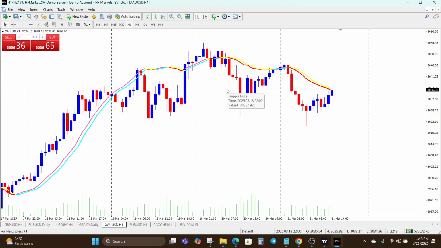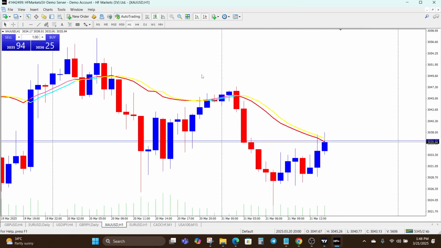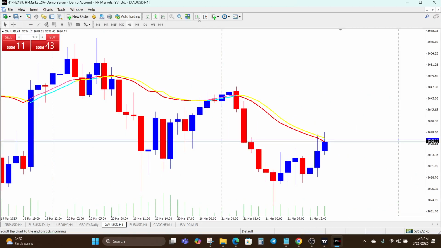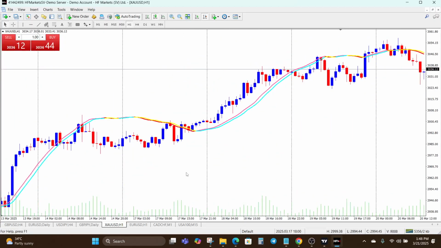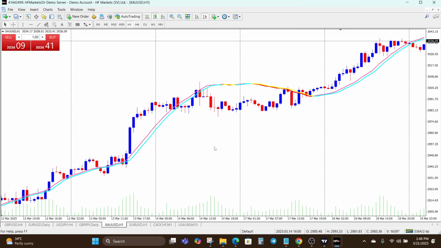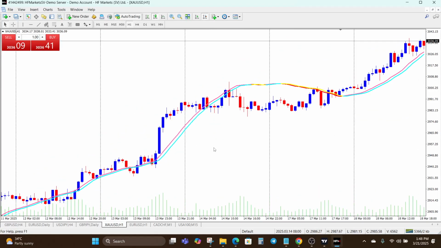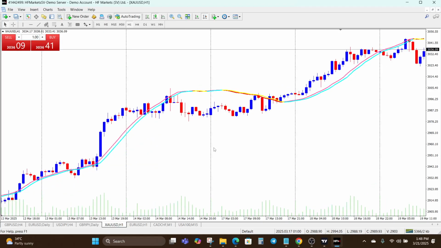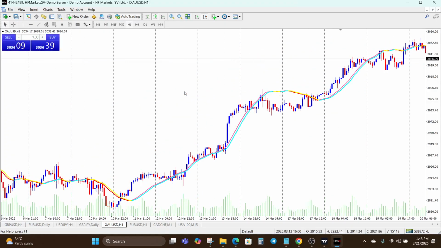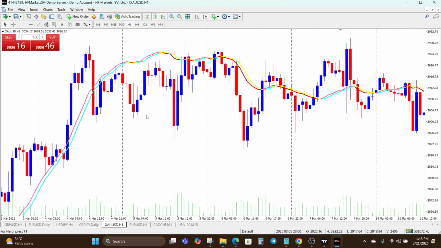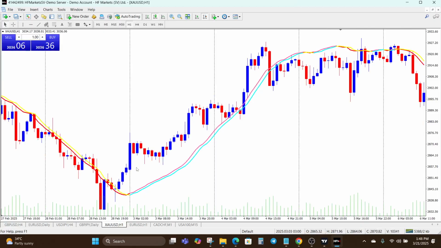And how does the trigger lines indicator work? Well, the indicator generates buy and sell signals using two key elements. The first is the trigger line crossover. The indicator has two lines that change color.